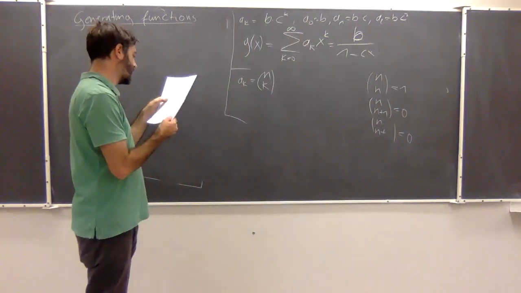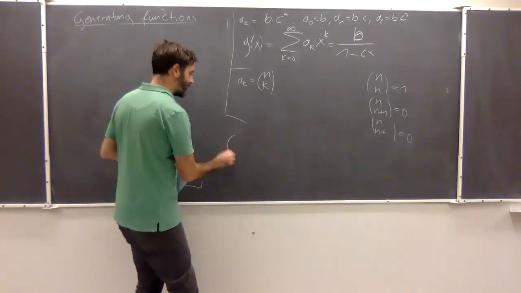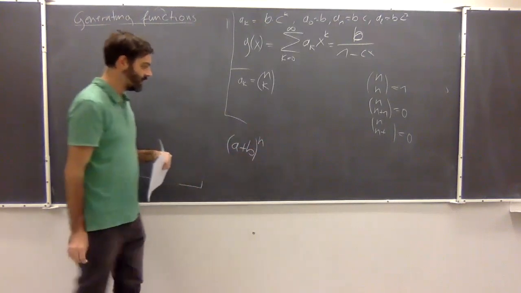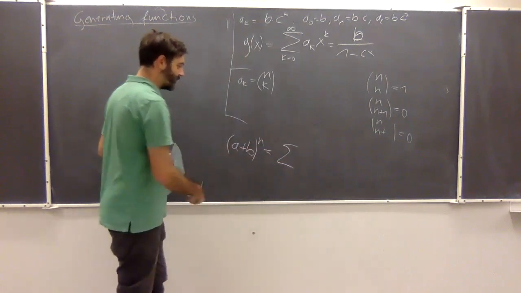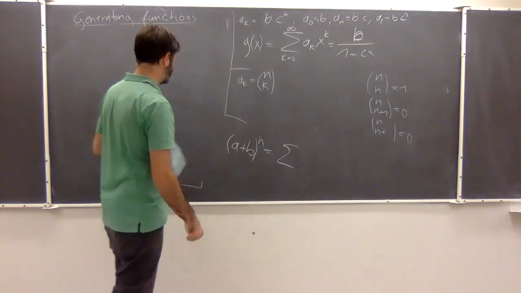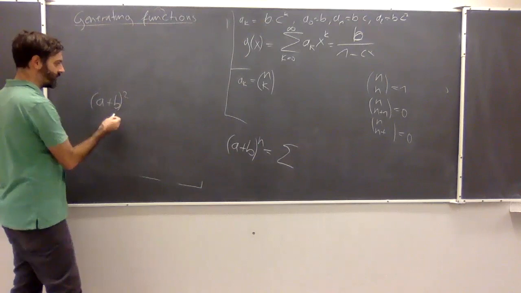And then maybe you recall that the following formula holds: (a plus b) to the power n is equal to, well, you have to multiply everything out. So you're basically applying the following rule. I'm just doing it for 2.